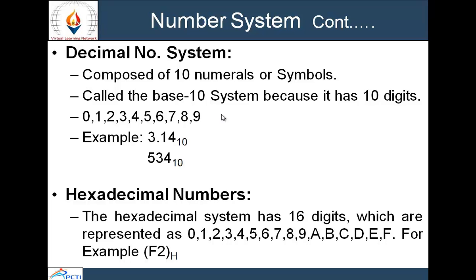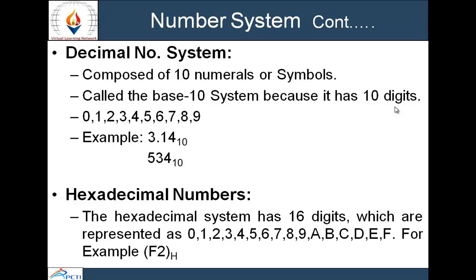Any decimal number can be represented as a string of these digits, and since there are 10 decimal digits, therefore the base or radix of this system is 10. Some of the examples of decimal number system are 3.14 base 10, 534 base 10.